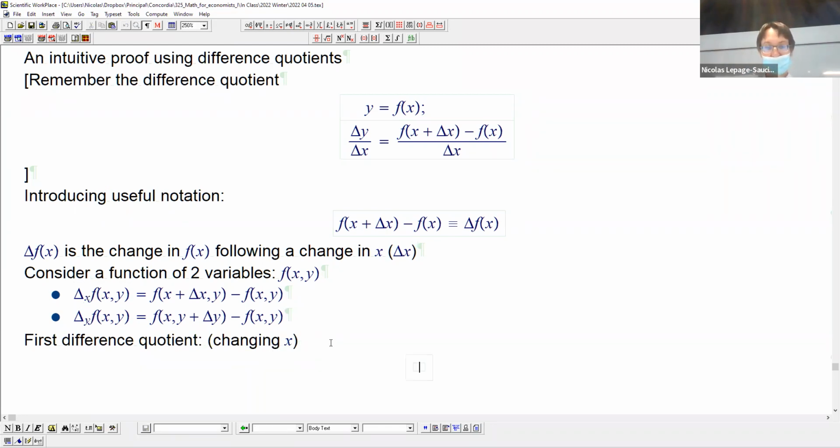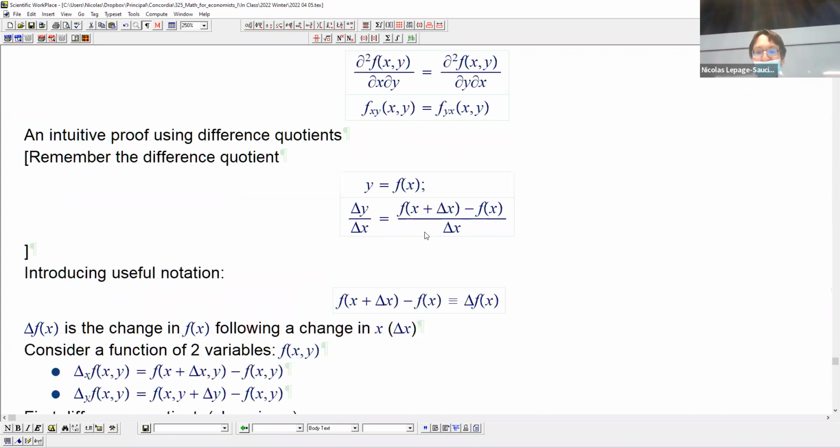So let me write it. So it's delta f of x y divided by delta x equals this. So this is just the first difference quotient. Same thing as before, it's just I have some y there, but it could just go away and I would be back with the same thing I had.